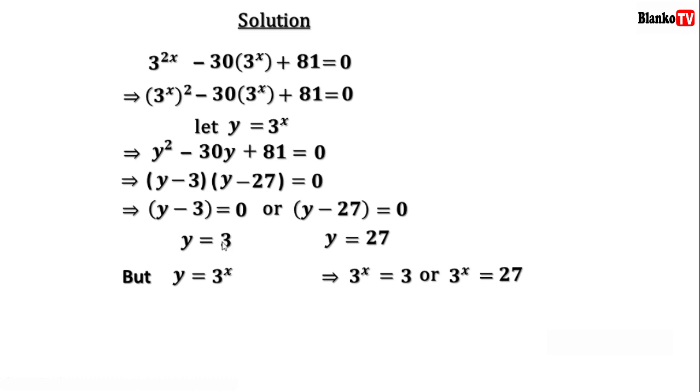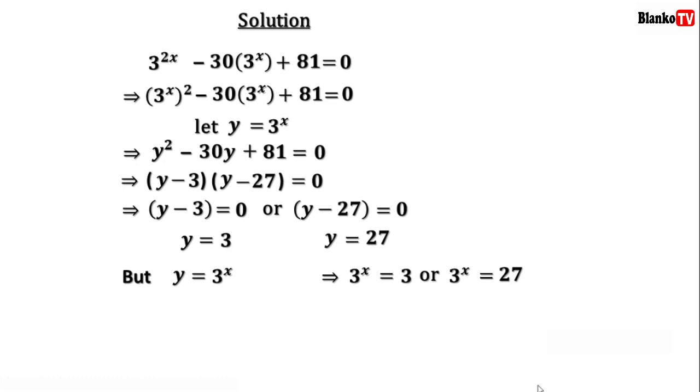Y equals 3 or y equals 27, and we represented y by 3 raised to the power x. So instead of y equals 3, now we have 3 raised to the power x equals 3 or 3 raised to the power x equals 27. I hope you understand.